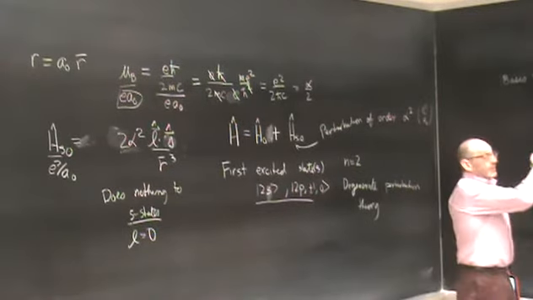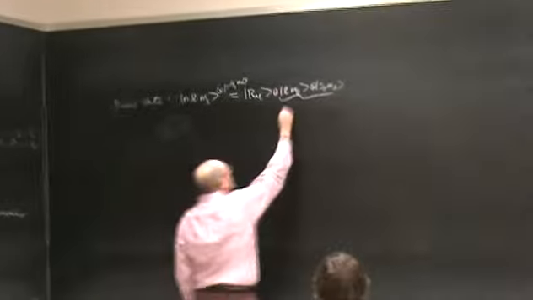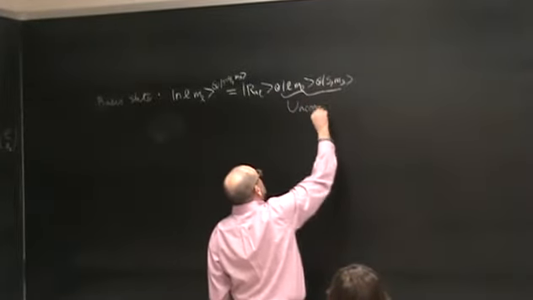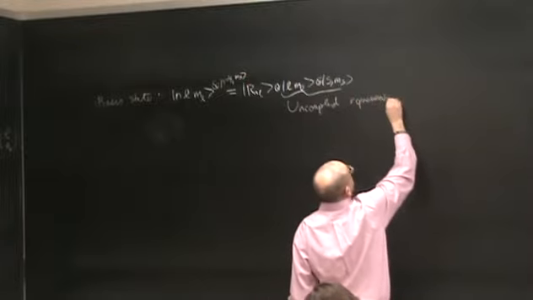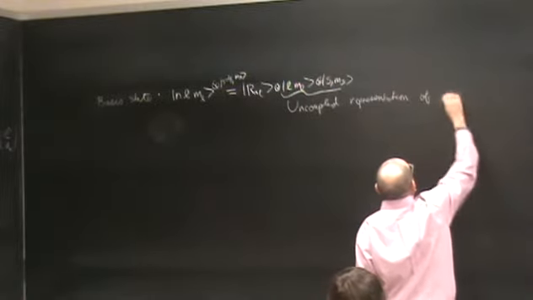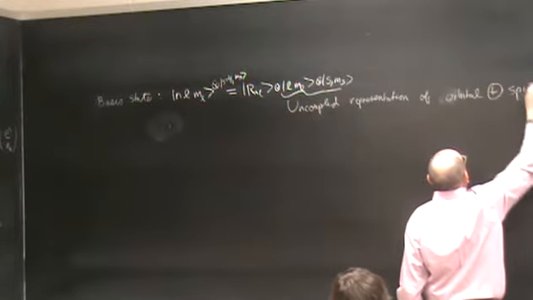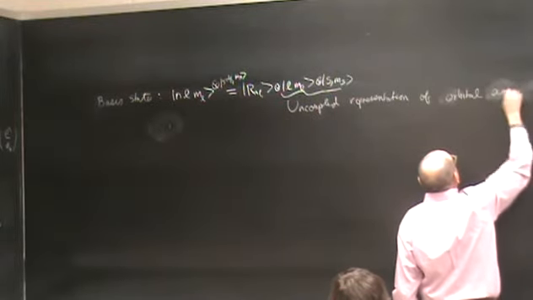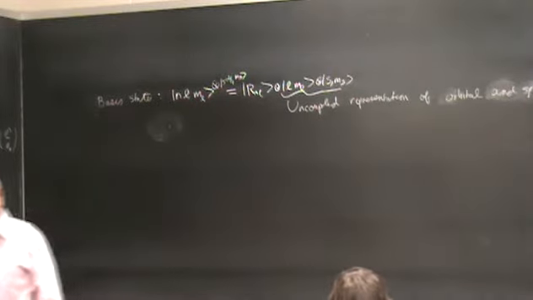That's because now we have to include the spin explicitly because it's interacting, okay? So we can write this out. This is the uncoupled basis that we talked about earlier in the semester, the product basis.